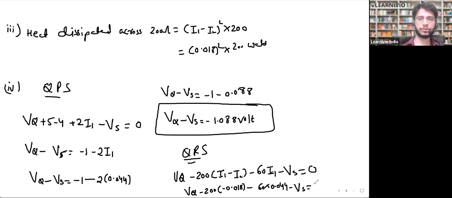Minus Vs is equal to 0. Just complete these calculations and tell me how much is VQ minus Vs now. I need the answer of each one of you in the chat room. Are you getting the same answer or not? Complete your calculations.